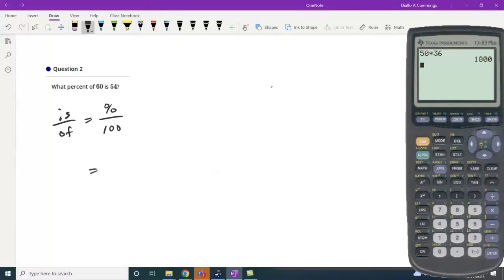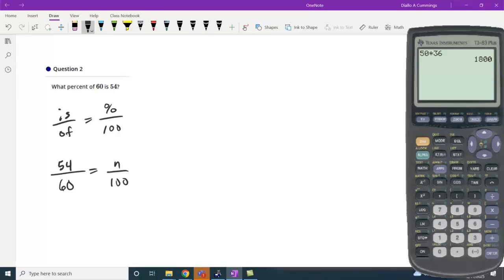The right-hand side of this equation is going to be that variable N. N just represents an unknown quantity, in this case an unknown percentage. It says what percent of 60, so of goes in the denominator: 60. Is 54, so we put 54 in the numerator.